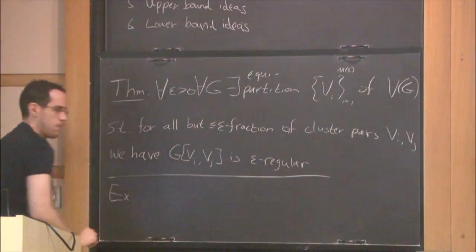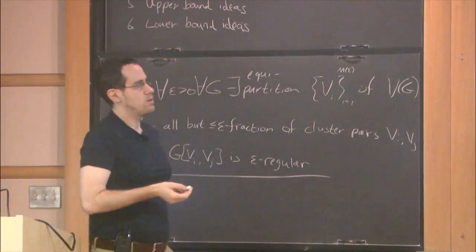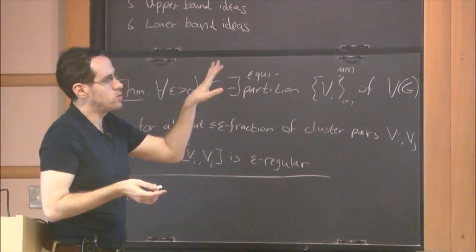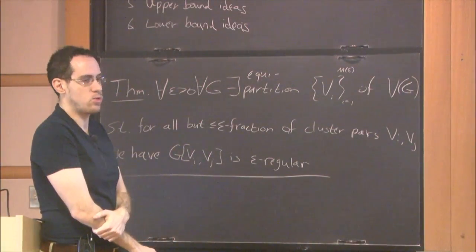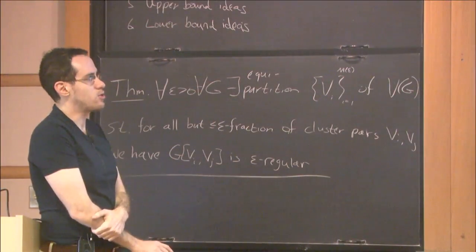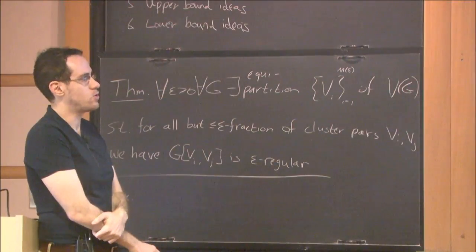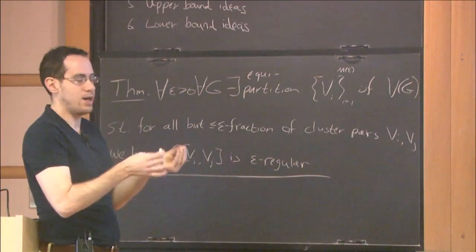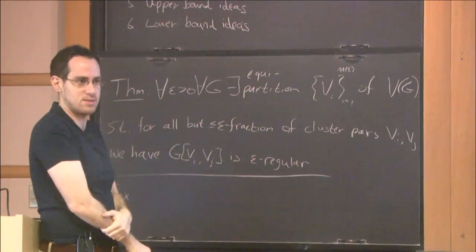You also want at least so many parts or something like that? Yeah, so the question was, do I need to also require a lower bound for the number of parts? A priori I don't require anything for the case where i equals j, so for the number of edges within a cluster.